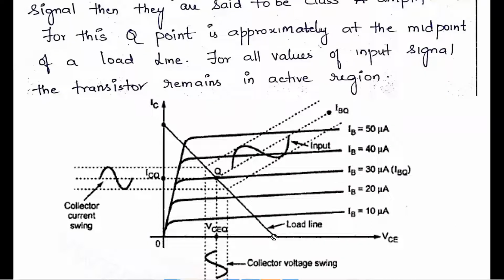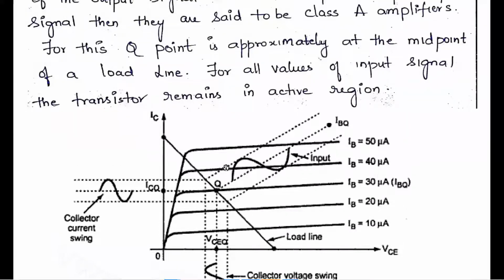So when we have the positive half cycle of the IC, the signal swing will happen. For the negative half cycle, it will go into cutoff. So that is for class B, right? If you want only one half cycle, we will operate here. If you want both half cycles, then we have to operate in the center of the characteristics.